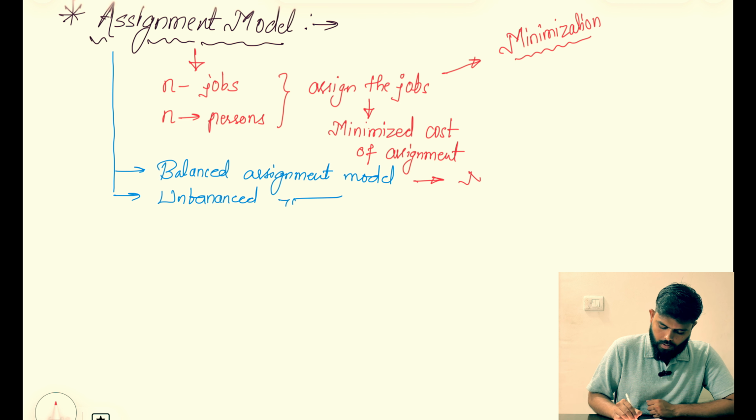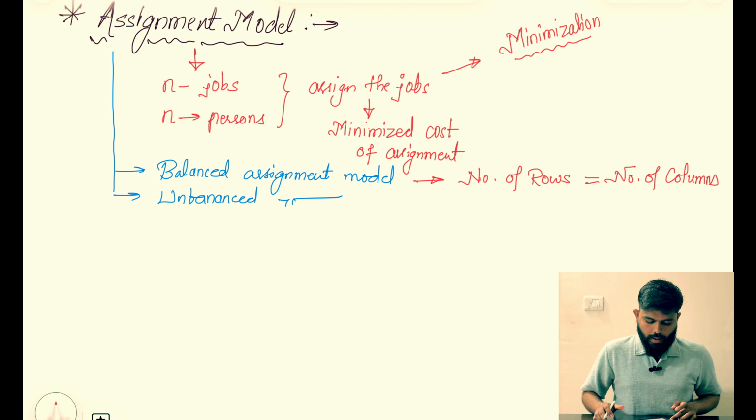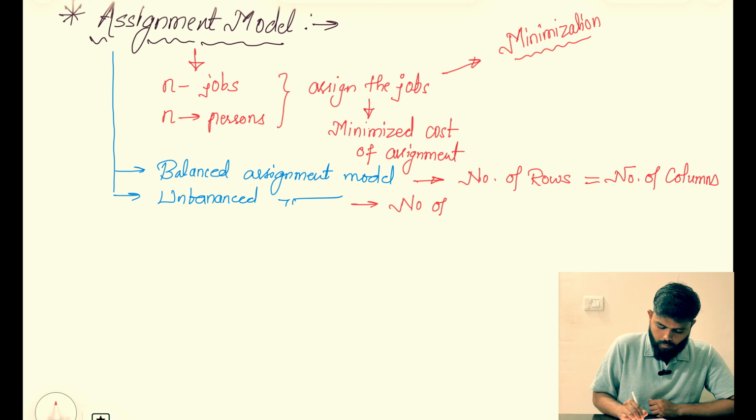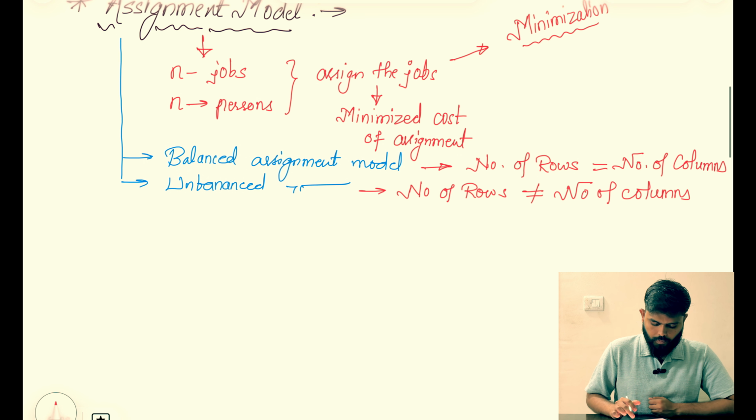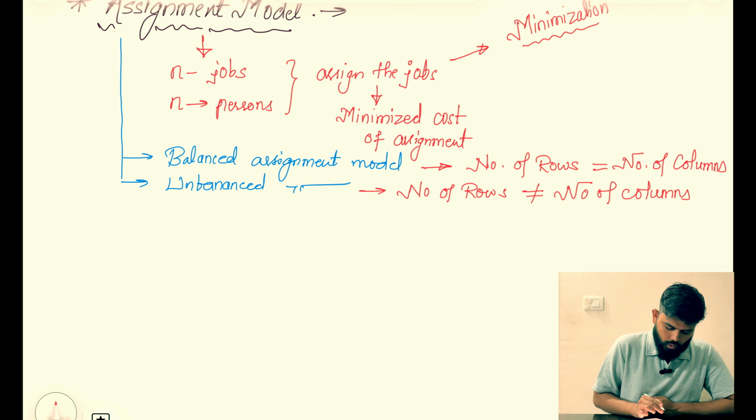If the number of rows of a matrix is equal to the number of columns, then we can say that the assignment model is a balanced assignment model. And when the number of rows and number of columns are not equal, then it can be said to be an unbalanced assignment model. The method which is used to solve the assignment model is called the Hungarian approach or Hungarian method.